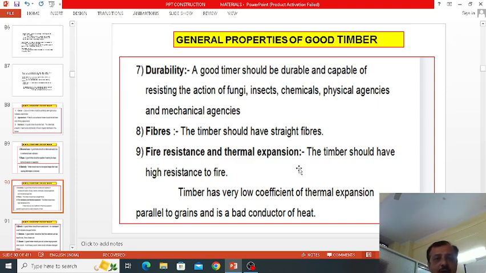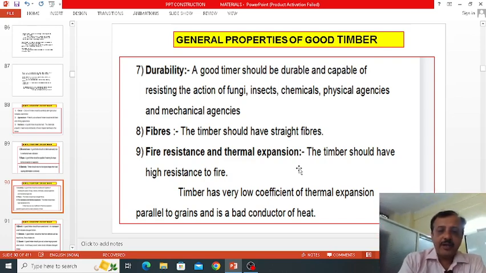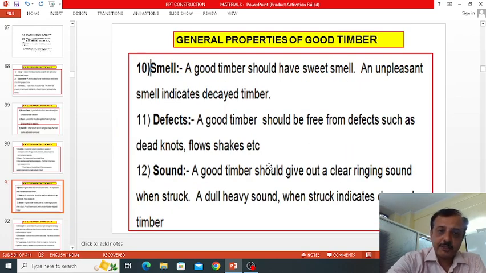The timber should have high resistance to fire, and a very low coefficient of thermal expansion, and grains should be parallel to each other. It should be a bad conductor of heat and electricity. It should resist the fire, and it should have a low coefficient of thermal expansion.